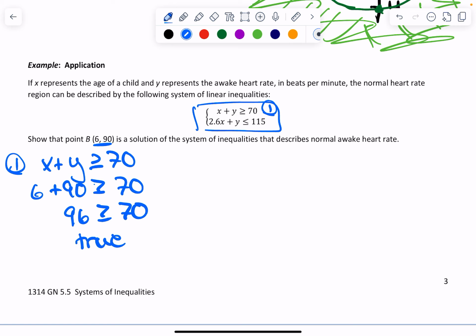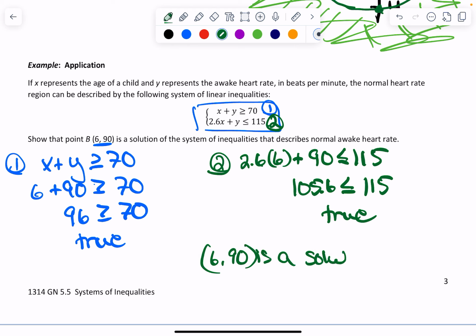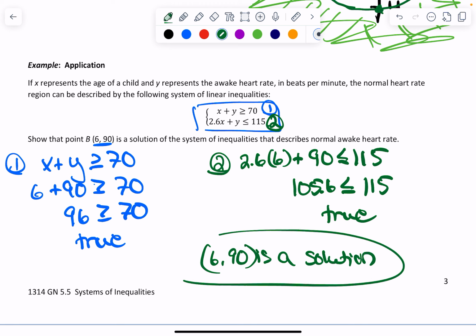Then we're going to test the second inequality as well. So 2.6 times 6 plus 90 is less than or equal to 115. We get 105.6 is less than or equal to 115. This is true. So we know that (6, 90) is a solution to the system of inequalities.